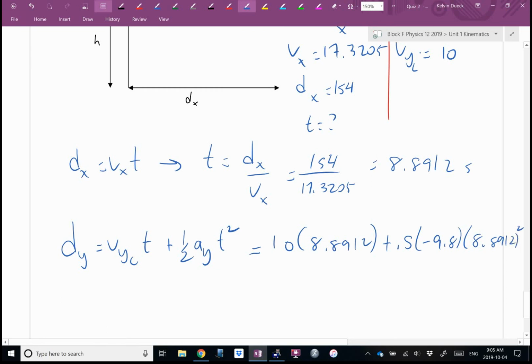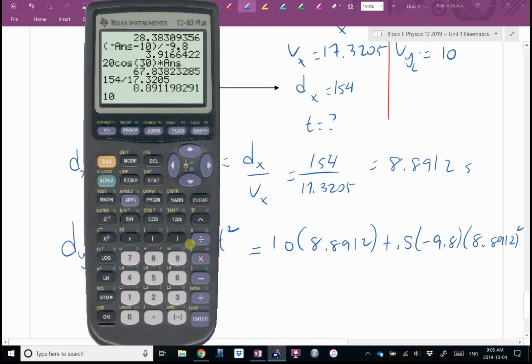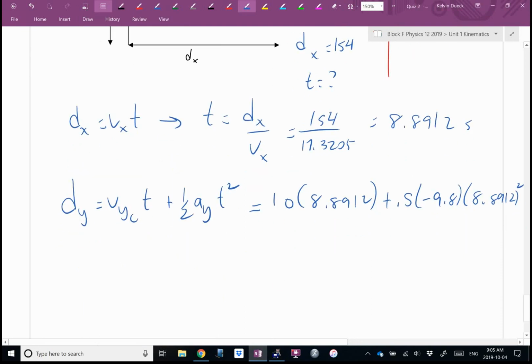This is going to give me a displacement, not a height. It's going to give me a negative answer. I'm not going to freak out when I get that. I'm going to say, oh yeah, I did end up below where I started from. 10 times answer button plus 0.5 times negative 9.8 times answer button squared. You get negative 298? It's a high cliff.